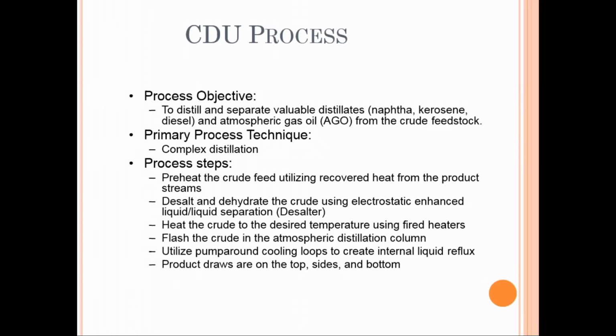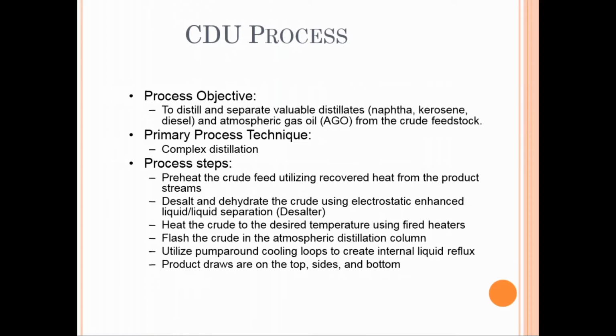Those are the top distillates. Components with light molecular weight usually have lower boiling points, so they will be the first to escape from the crude oil launched into the distillation column.